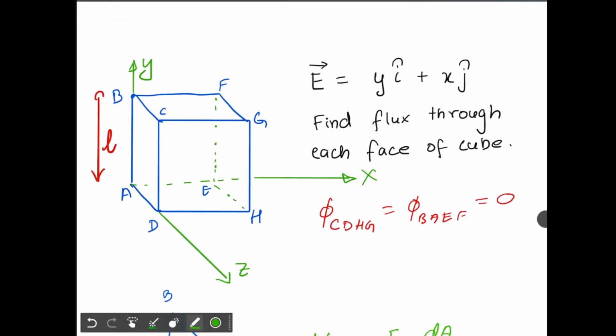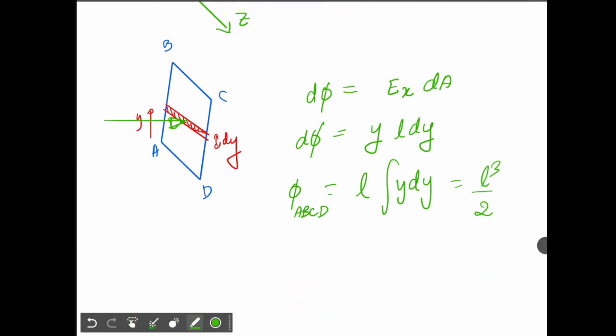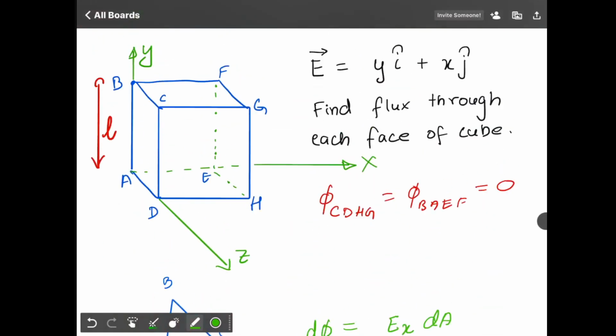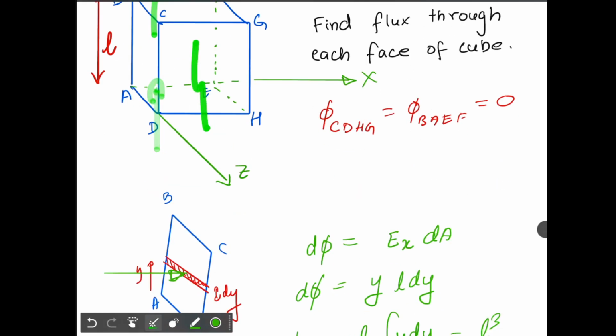Now, if you observe something, for the face EFGH, electric field is again having the same formula y i cap. So EFGH will also have the same flux, exactly same flux. Now we have to find flux through BCGF and ADHE. Again, field is going like this, so they will have same flux.